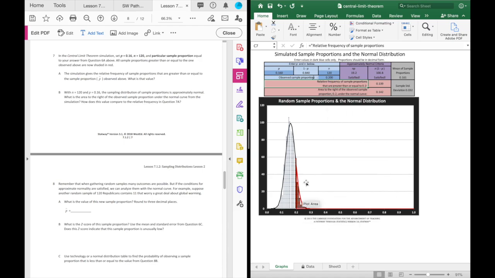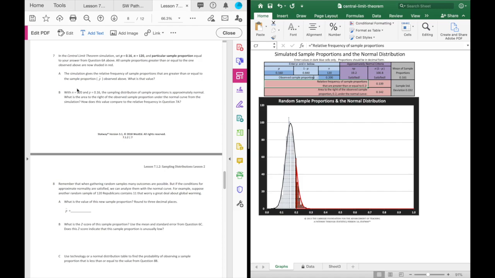So you notice that what it did is it shaded the red part above 0.20. Okay, so what it did is it's shading all of the proportions that are greater than that. So let's look at part A. It says the simulation gives the relative frequency of sample proportions that are greater than or equal to the sample proportion p hat observed above.